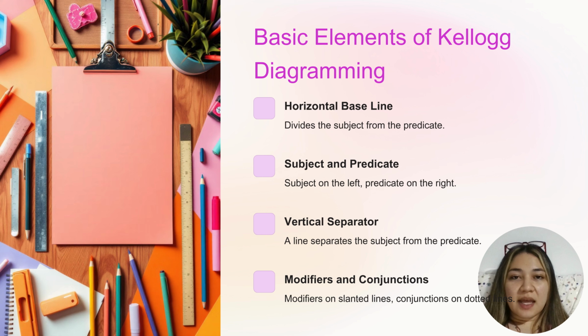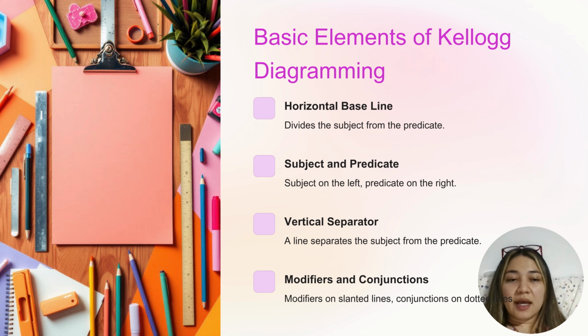So we start with the basic elements of Kellogg diagramming. First, we have a horizontal baseline which divides the subject from the predicate. So, what does each line mean and how do we use it? In a Kellogg diagram, each line shows us a different part of the sentence.